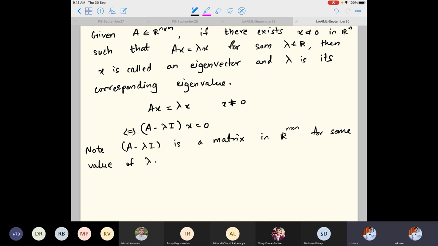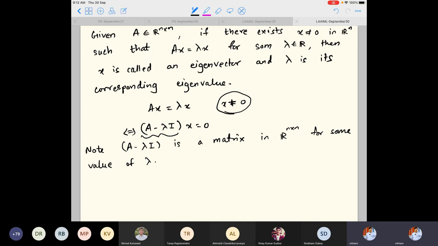So you will start picking up values of lambda. If you find that for a certain value of lambda this matrix is not full rank, what does that mean? It means there is a non-trivial, non-zero element in the null space of A minus lambda I, and that will satisfy Ax is equal to lambda x. So what we are really interested in is this matrix and its null space for every real number lambda.